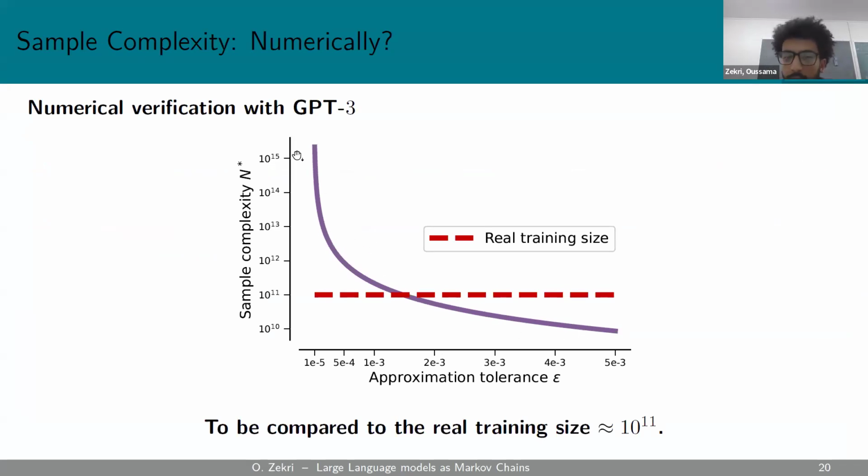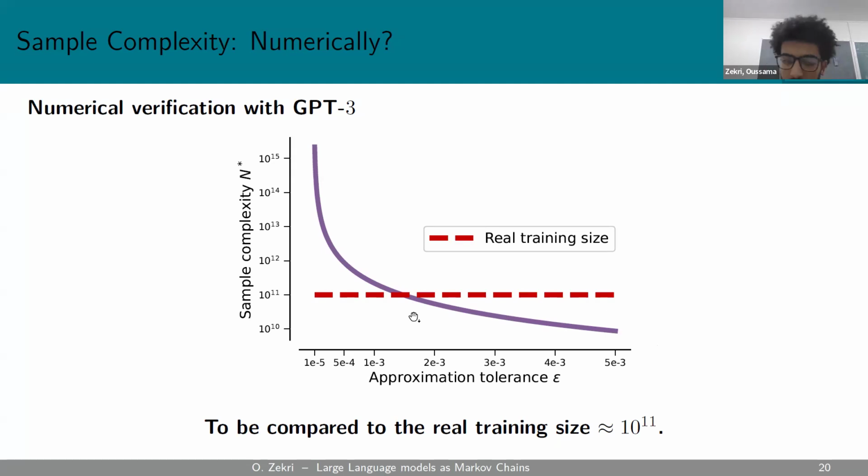If you consider the number of training tokens of GPT-3, it can explain why those models are able to generalize, because you can see our range of sample complexity as you increase the tolerance of your distance between matrices.